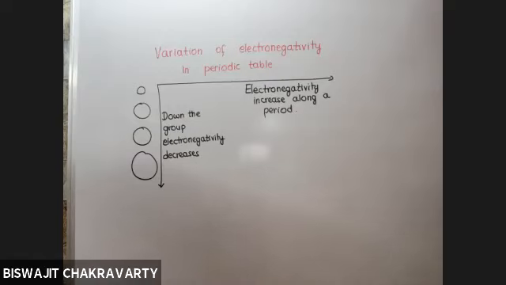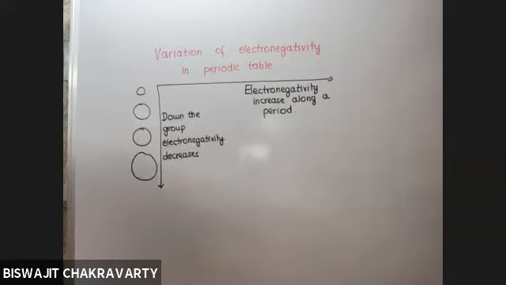Group 17. So halogens as a whole show the highest electronegativity, but just after fluorine, it is not the other halogens, rather it is oxygen, which is the second topmost element in electronegativity. Clear?